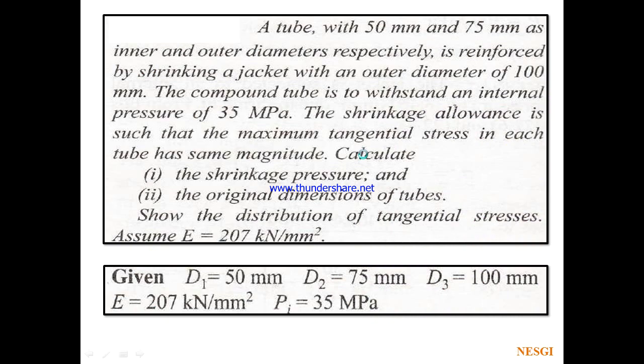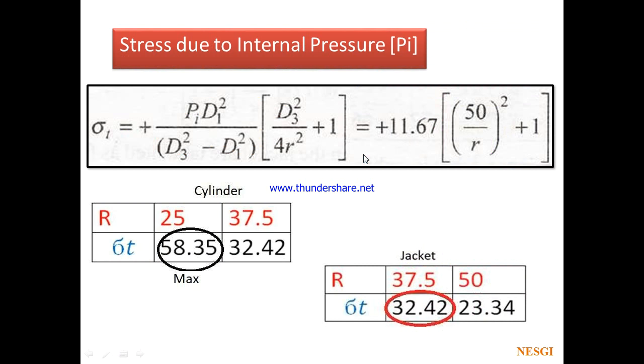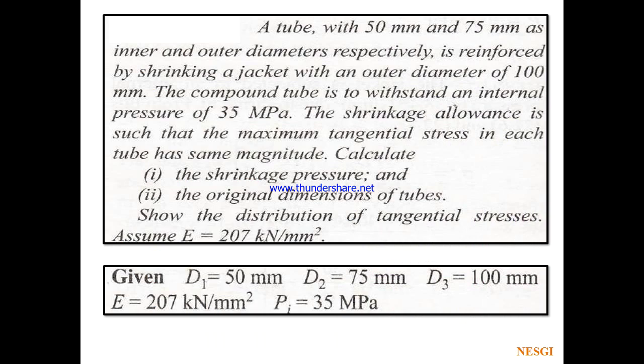Again this is the same type of problem. A tube with 50 mm and 75 mm as inner and outer diameters respectively is reinforced by shrinking a jacket with an outer diameter of 100 mm.